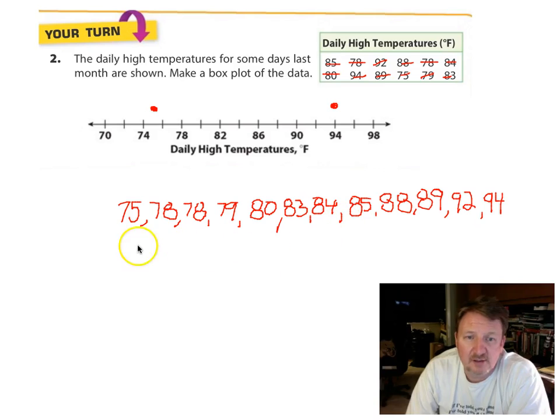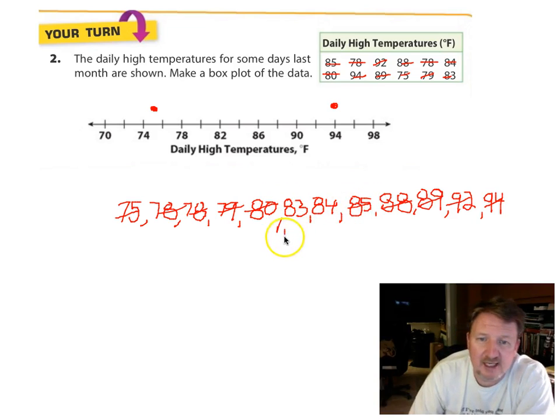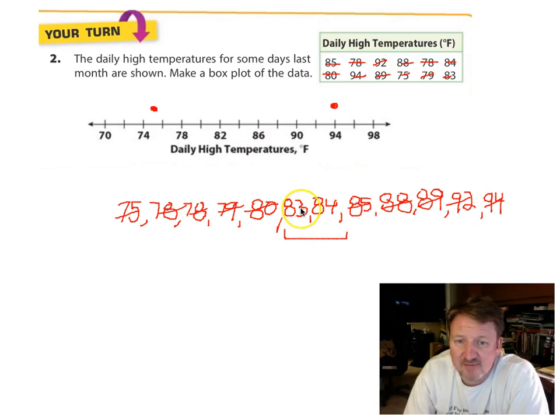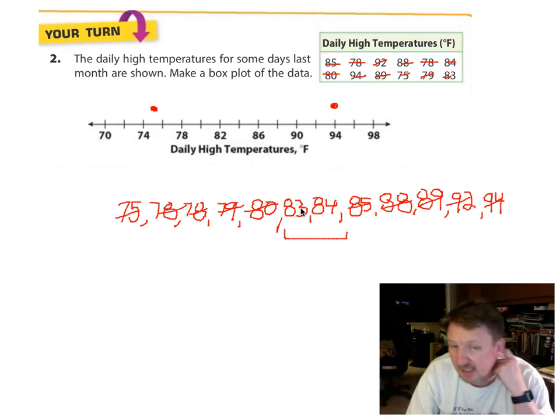Next thing I want to do is eliminate from the outside in. 1, 2, 1, 2, 1, 2, 1, 2, and I got 83 and 84. These are my two middle values. I have to find the average of these to come up with my median.